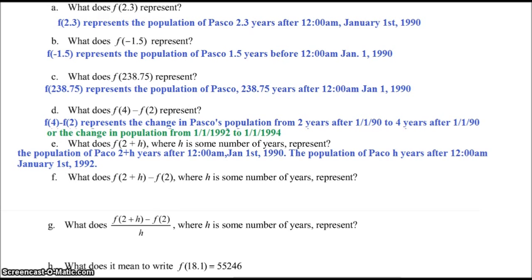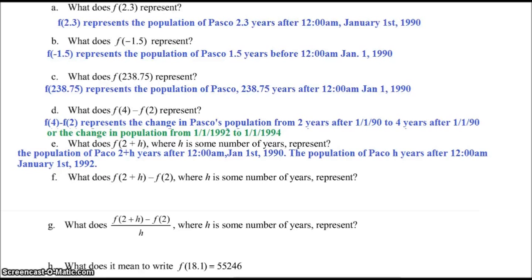So for part F, what does f of 2 plus h minus f of 2, where h is some number of years, represent? Well, that's simply going to be the change in population from 2 years after 1990 to 2 plus h years after 1990.